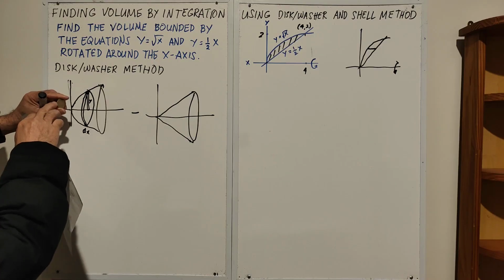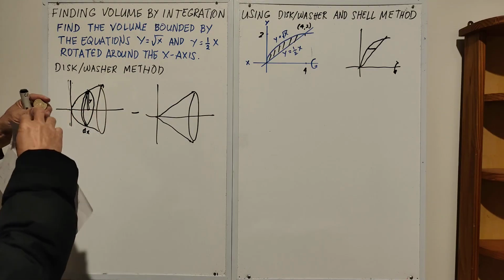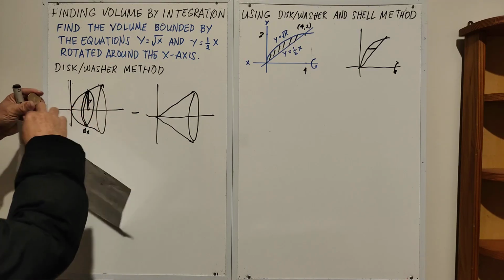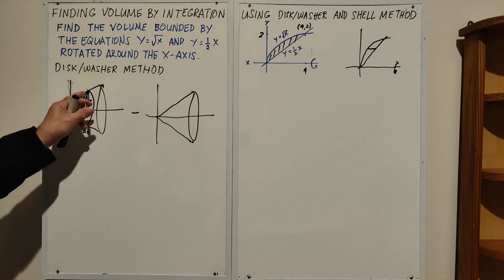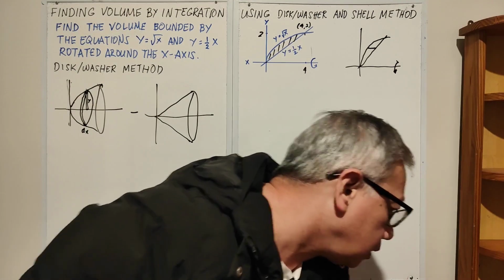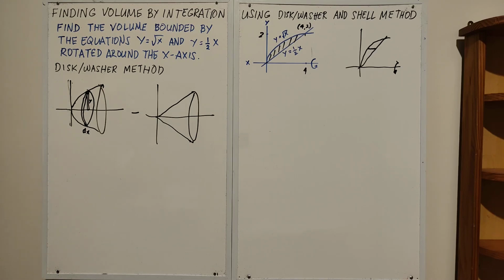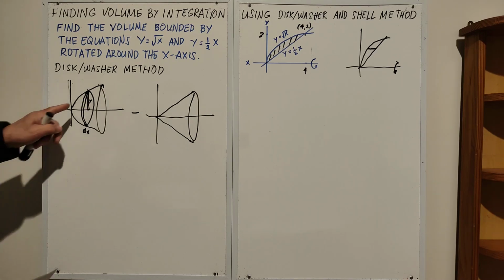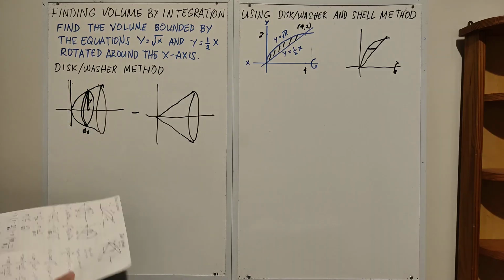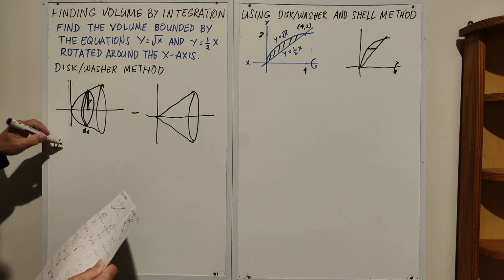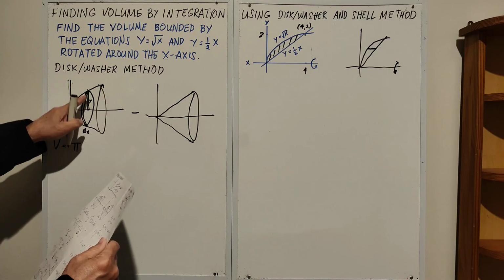The thickness will be the dx, and this circle is the whole circle, where the radius will be from the center to the edge of the circle. So the volume of that disc will be equal to the area of the disc multiplied by the thickness of that disc. The area is pi r squared, multiplied by dx. So what is the radius of this?